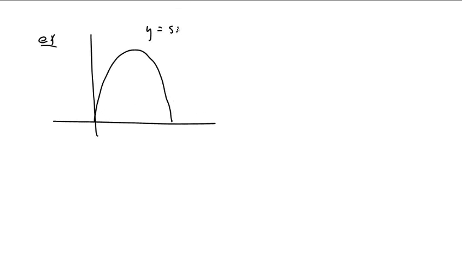I don't feel like doing too much integration today. I feel like these videos are getting a little bit long as it is, but let's say you had an example, y equals sine of x and y equals cosine of x, and let's say they meet at pi over 4 where they're both root 2 over 2, and here's pi over 2 and here's pi.